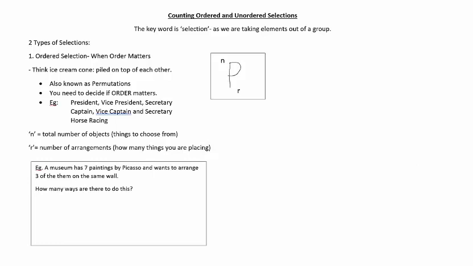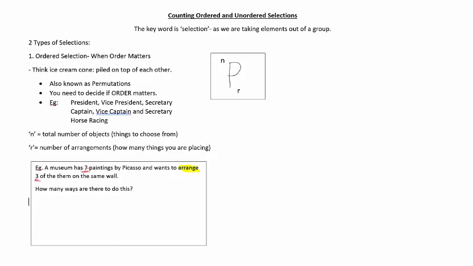So I've put up an example. A museum has 7 paintings by Picasso and wants to arrange 3 of them on the same wall. So that would be position 1, position 2, position 3. So order matters. So you'll see that the key word here is arrange, and we have 7 paintings and 3 of them are going to be on the same wall.